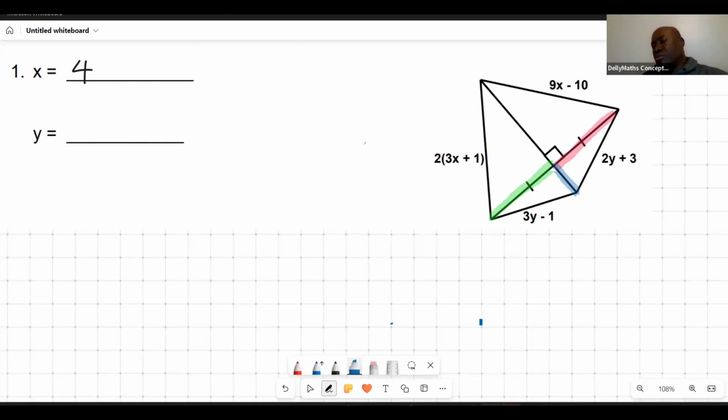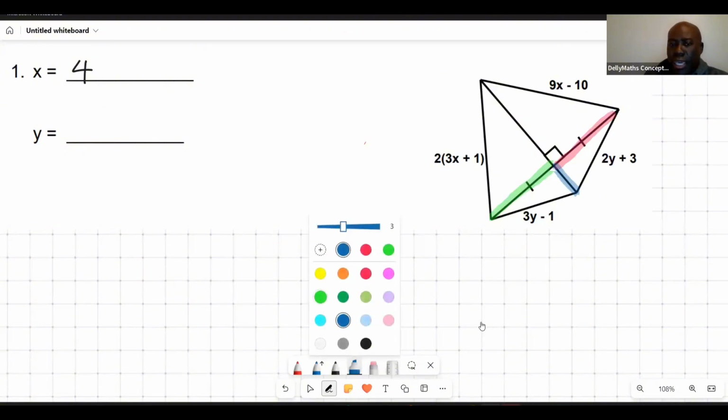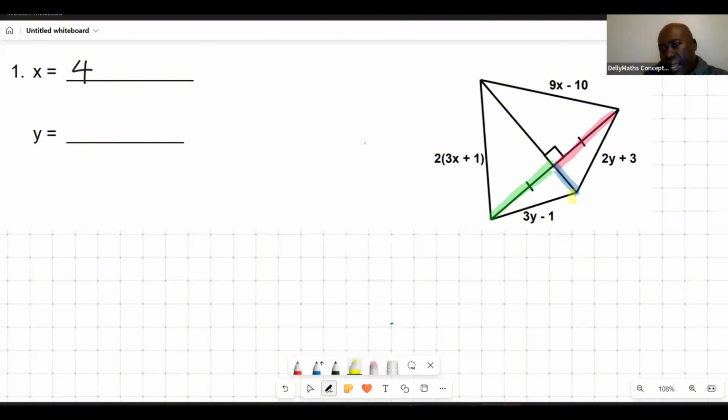That means those two triangles are congruent. So the final thing we could say is that this side here, 3y - 1, is the same as 2y + 3. On that basis, I'm able to equate this expression to that one, so let's write them down.